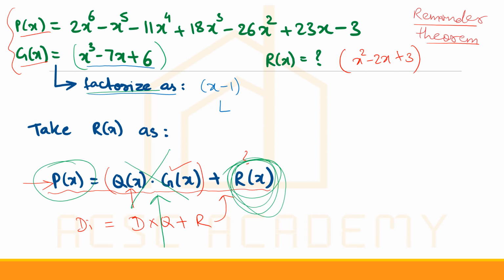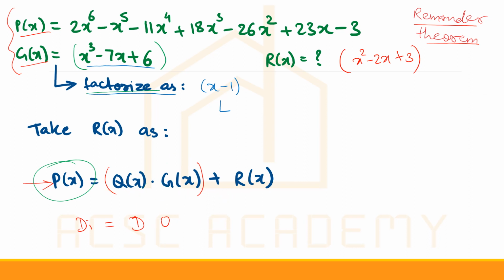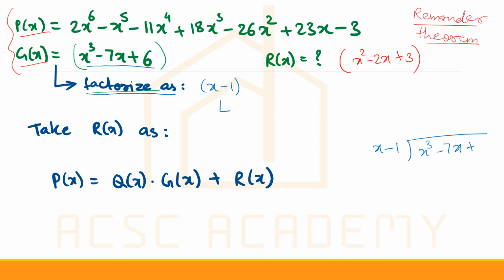And as soon as we find one of the roots, we use that root and divide this way. We know that x minus 1 is a factor, which means it will divide g of x, x cubed minus 7x plus 6.